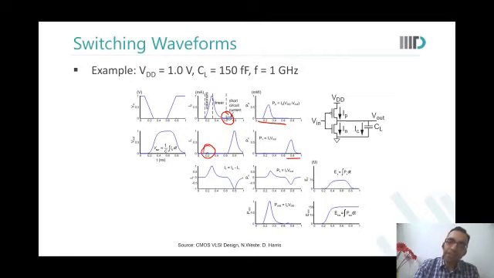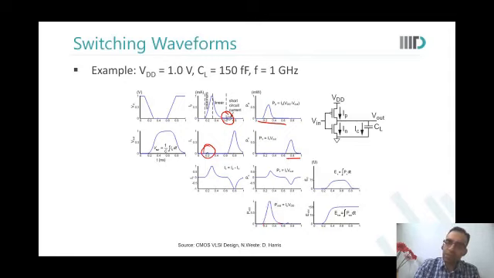In terms of current consumption, you will see that it follows this kind of a curve, where IP minus IN is being plotted over here. You will see that power from VDD will happen only during the rise cycle.